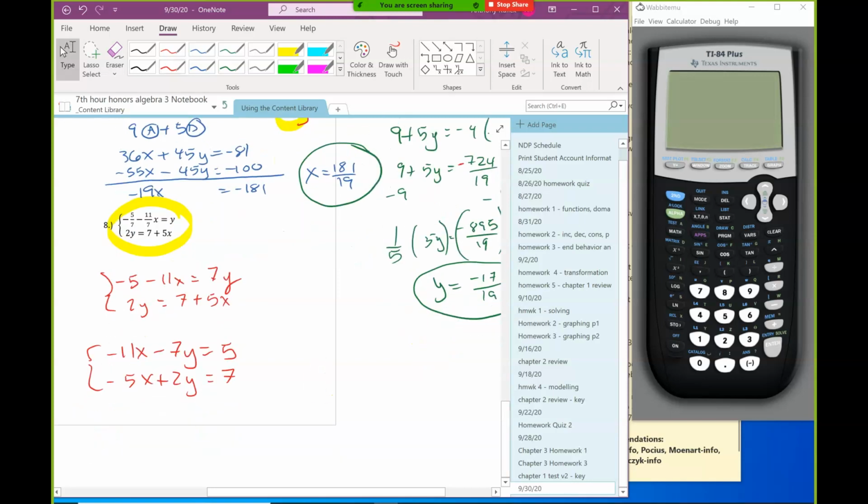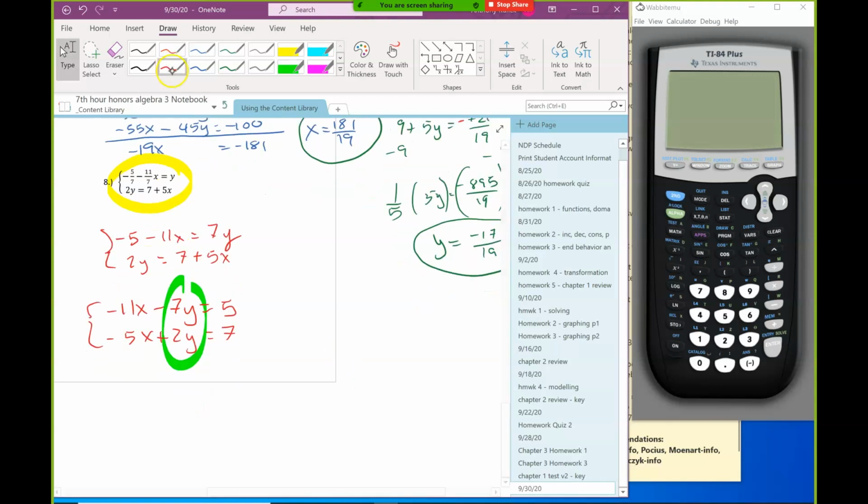And I would probably eliminate the y's here because they're already opposite signs. I don't have to worry about multiplying through with a negative and possibly dropping some negative signs. But it doesn't really matter. That's not appreciably easier. So I'll just do 2 times a plus 7 times b.